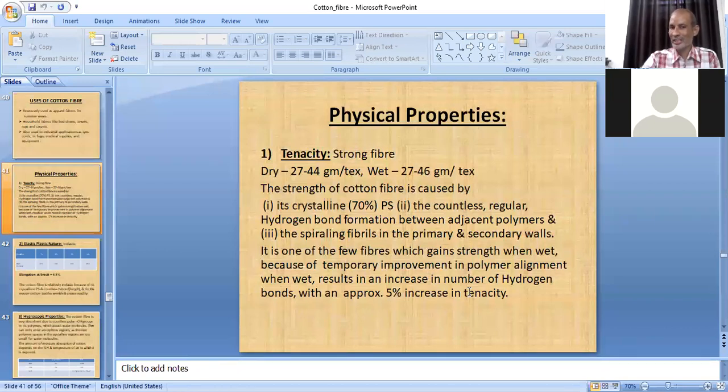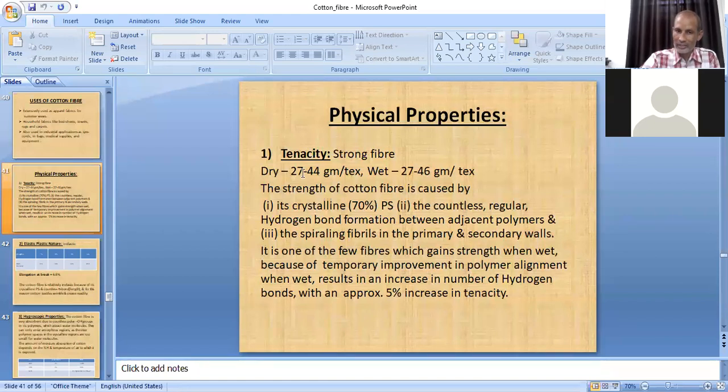Once you understand the properties of one fiber with the applications of general considerations and polymer system, then you can easily apply these concepts to understand properties of any fiber like wool, silk, polyester, nylon, whatever fibers we are going to study in this subject. But at that time, I will just read physical properties or chemical properties of those fibers. We will not go into the explanation. We will take the explanation part along with the cotton fiber only.